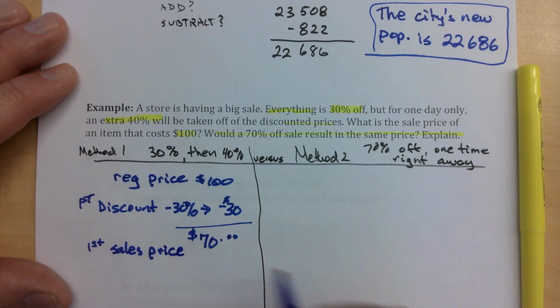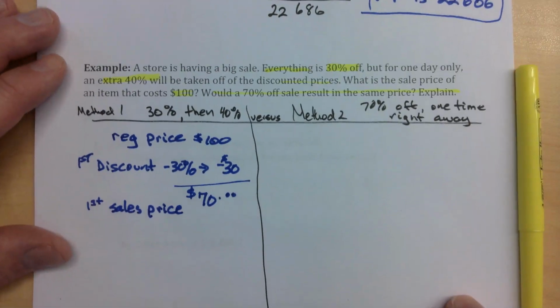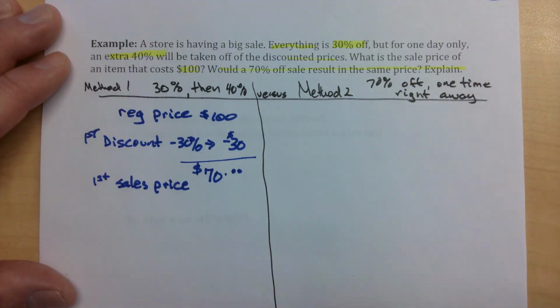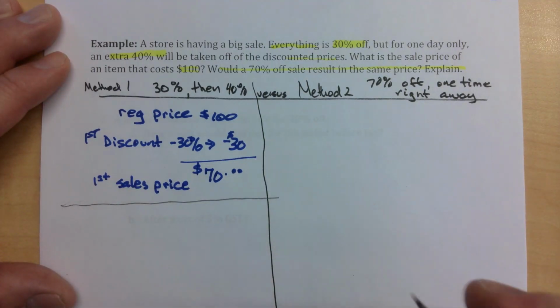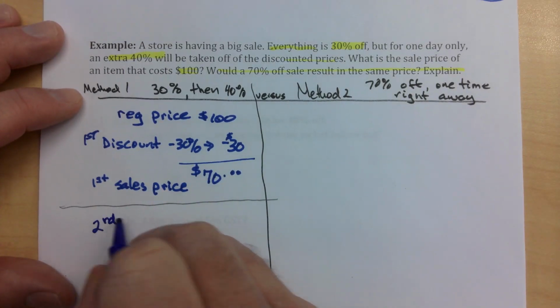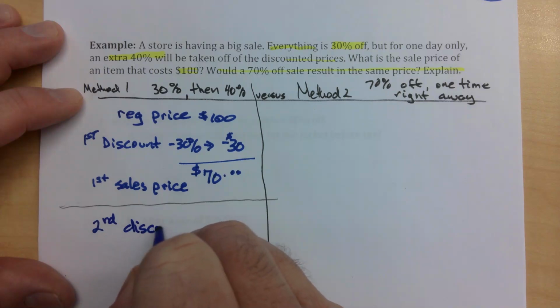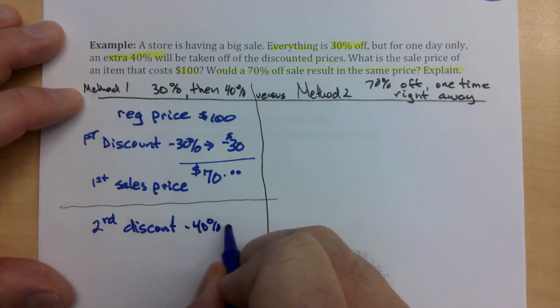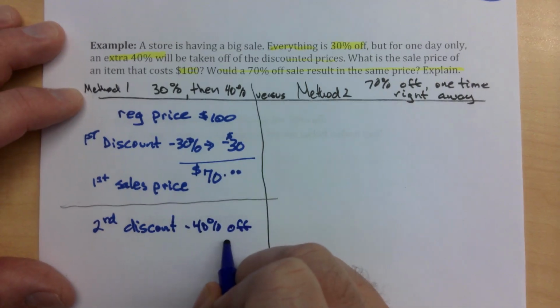Now the store decided maybe that wasn't enough of a discount to sell the item. So then they do, and I drew that line because that's what happened first, the second discount, which is minus 40% off the first sales price.